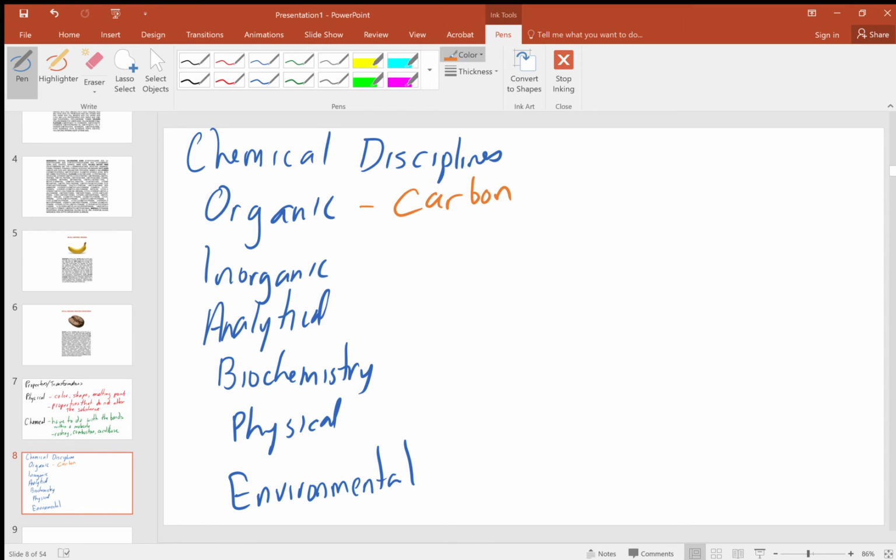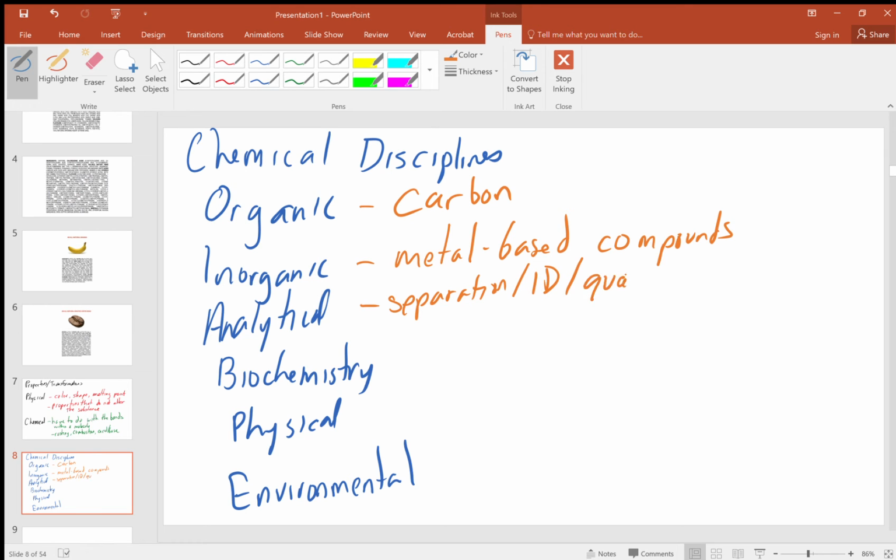Inorganic focuses primarily on metal-based compounds. Analytical chemistry looks at separation, identification, and quantification of samples. And this actually gets you well into the area of forensics.